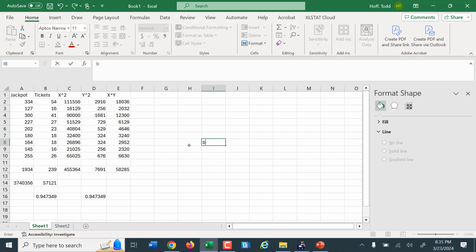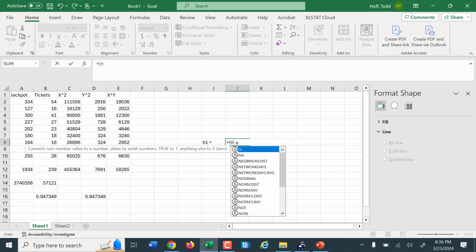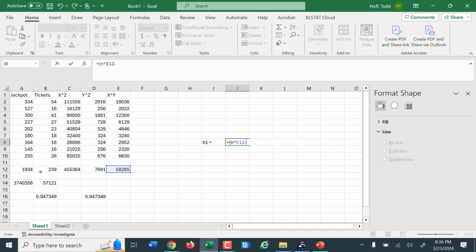So my B1 is going to equal, on top, n, which is 9, times the sum of the xy's right here, minus the sum of the x's times the sum of the y's, close parentheses, divided by, on bottom, n times the sum of the x squareds minus the sum of the x's squared. Notice, what did I get wrong here? Let's just re-enter it.